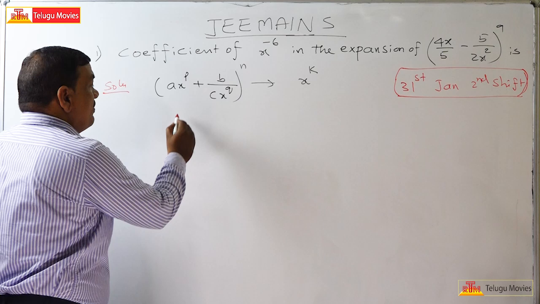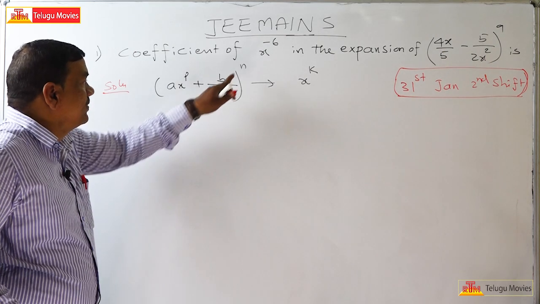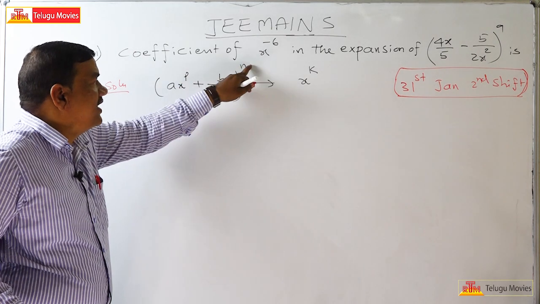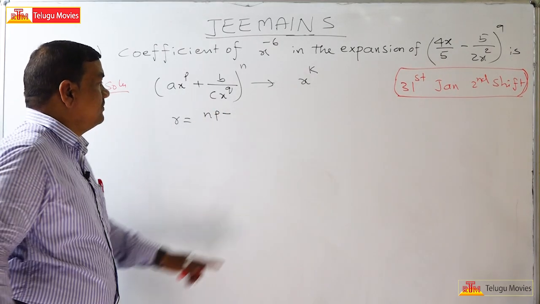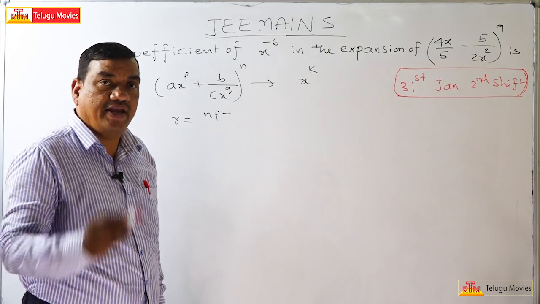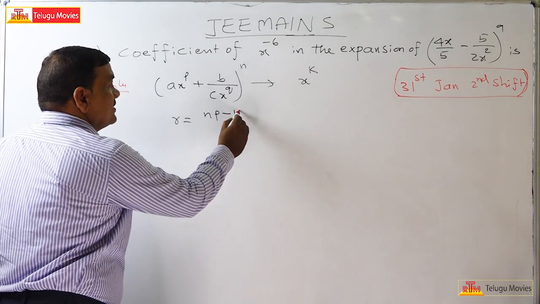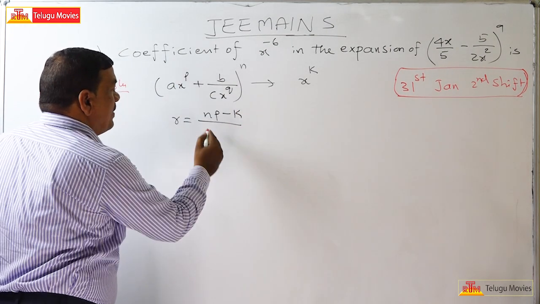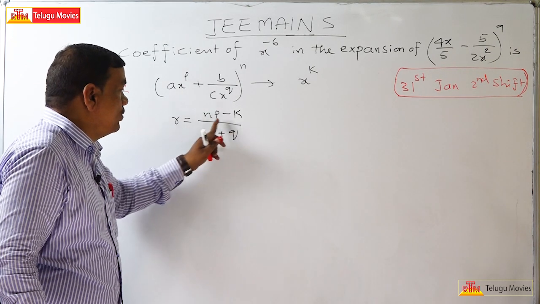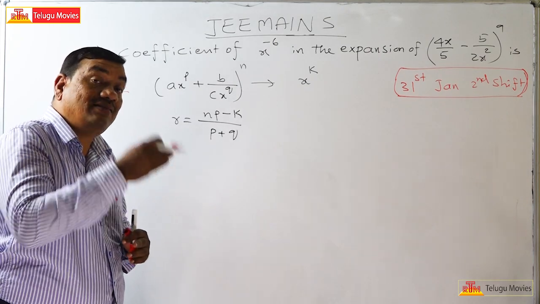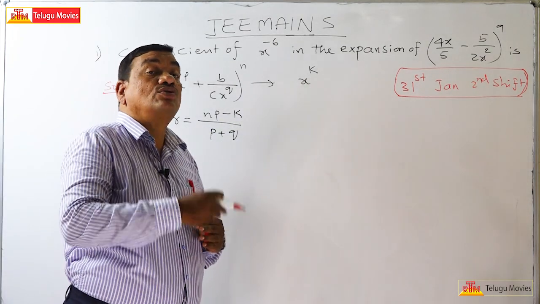Then r is given by r equals (np minus k) by (p plus q). If you take r equal to this value, then in the (r plus 1)th term you will get x to the power of k.